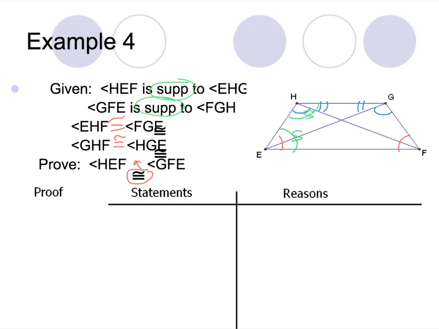Let's say that those guys are sup. I'll put an S there on like a congruent tick. They're not congruent, they are supplementary. And then we've got GFE. I'm going to put 2 with an S. And then we've got this bad boy right here, FGH. Yep, that works.